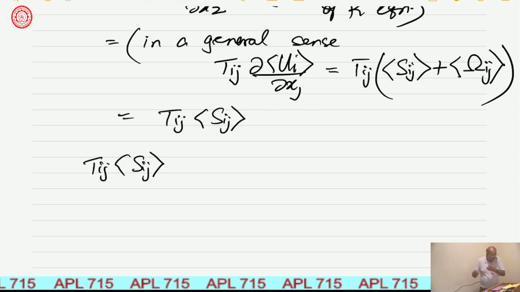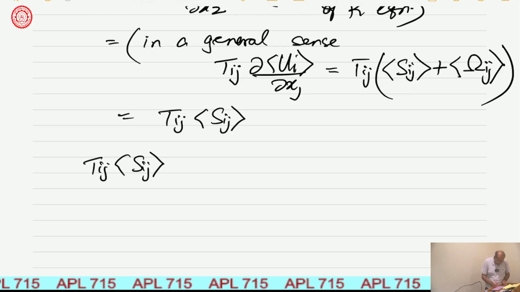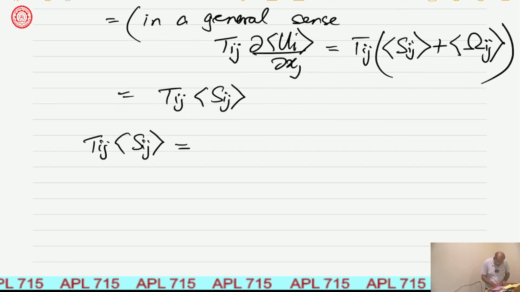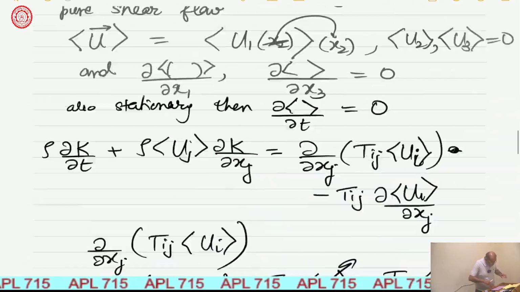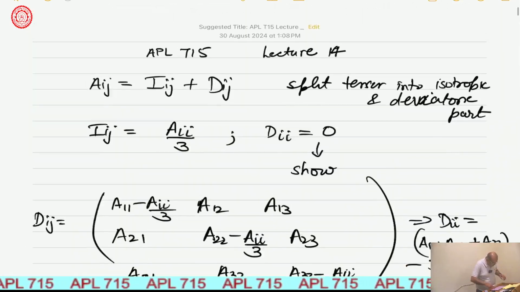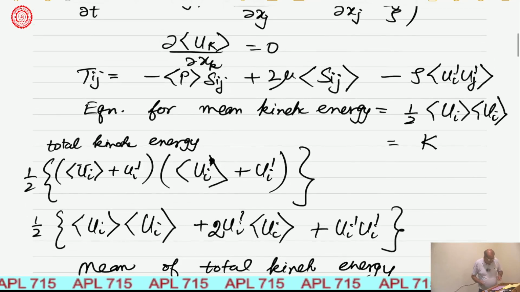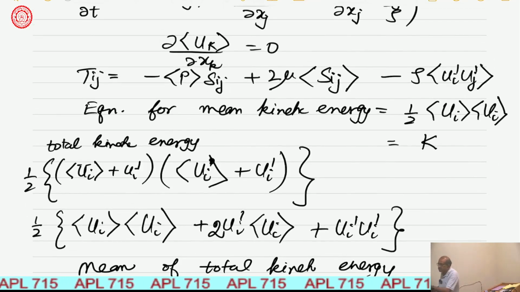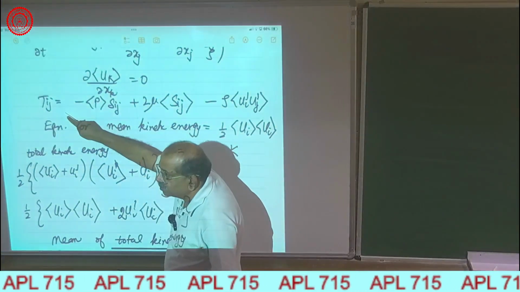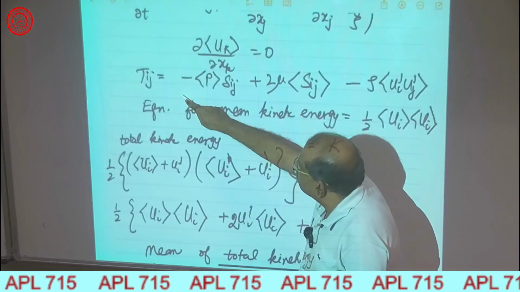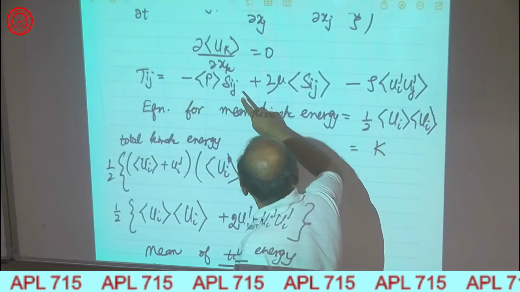Let us expand this. Sij we know. What was Tij? To expand this, I will have to go to the start of the lecture where I said what Tij was. So now let's try to, we will write Tij Sij. So we have to put Tij Sij here.